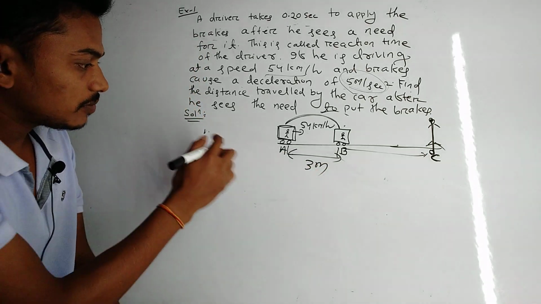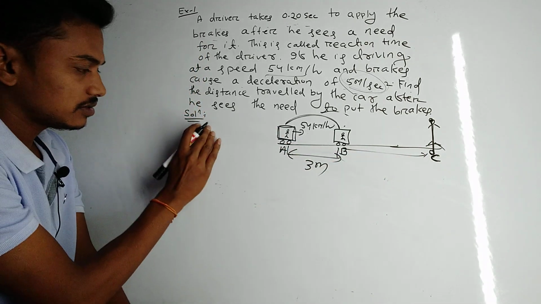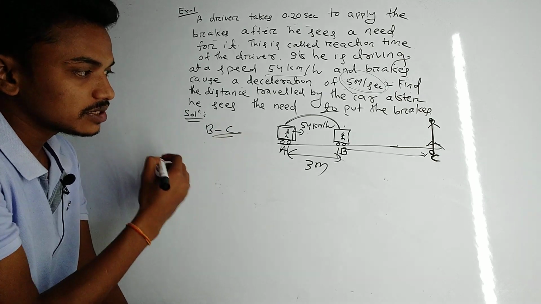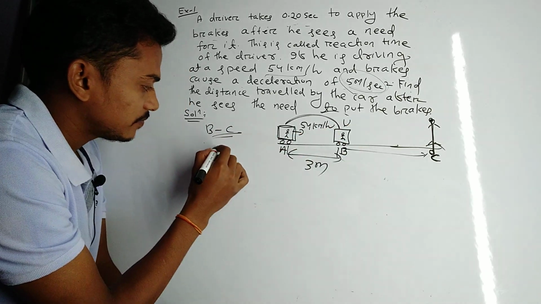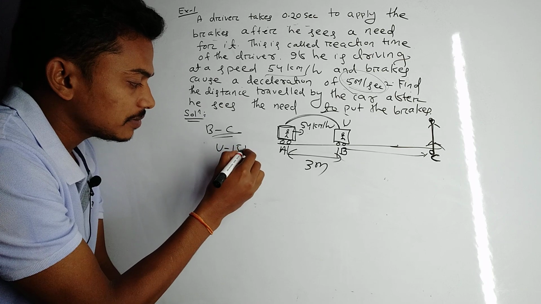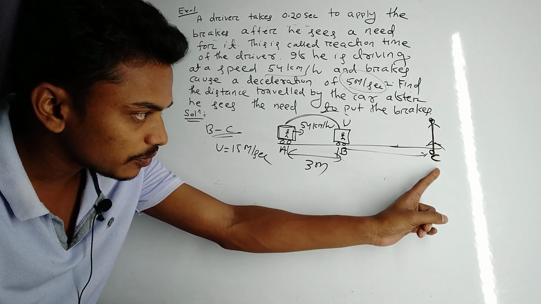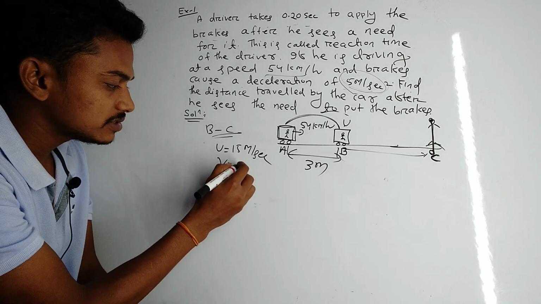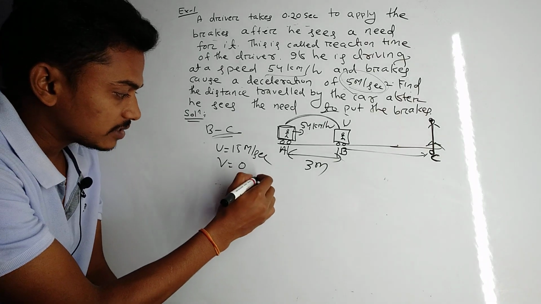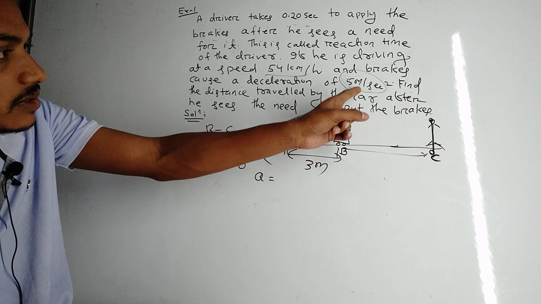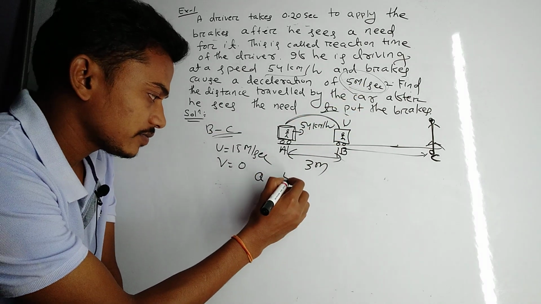Now consider the motion from B to C. Initial speed u is 15 meter per second and finally he comes to rest at the point C. So final velocity is 0 and the retardation, or the deceleration, was 5 meter per second square.